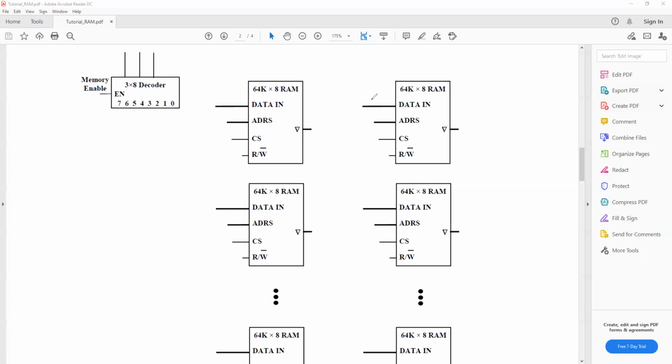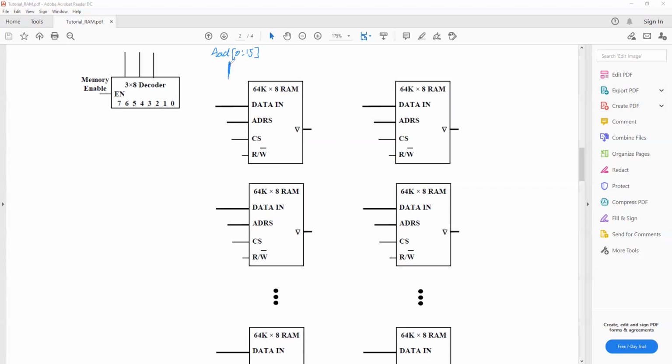First, we need to figure out how we're going to route the address. We have a 19-bit address, and inside, these chips have a 16-bit address. So you will take the 16-bit address lines, from 0 to 15, that's 16 bits.